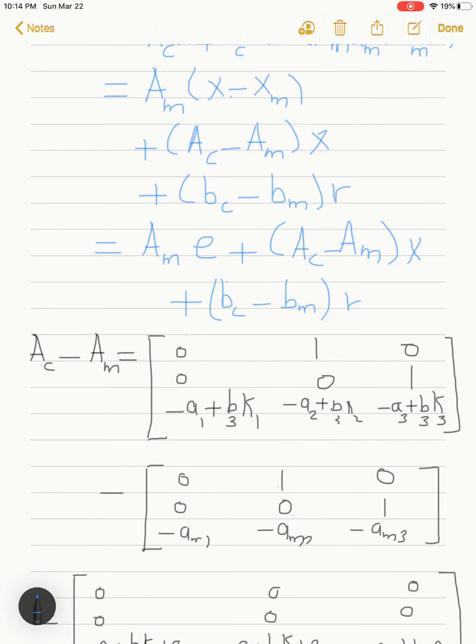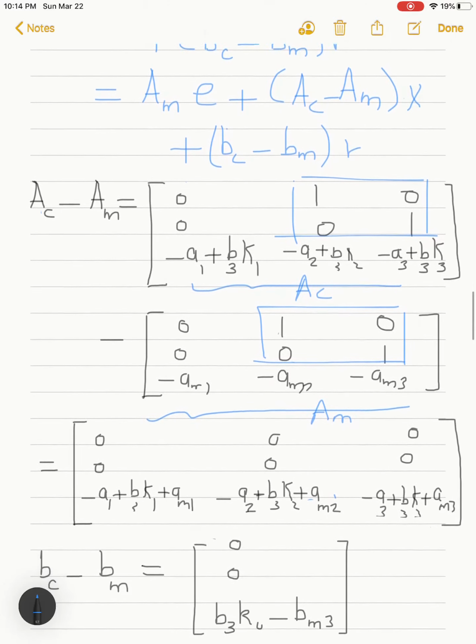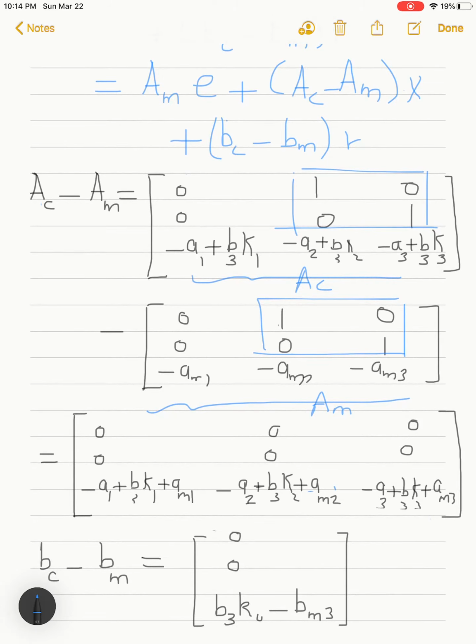So first let us calculate the value of AC minus AM. This is the expression for AC, and this is AM. Now if you subtract, you will find that the identity matrix that appears here will cancel the identity matrix in the AM matrix, so I will have two 0 rows in the resulting matrix here, and then the last row would be just the difference between each element and the corresponding element in AM.